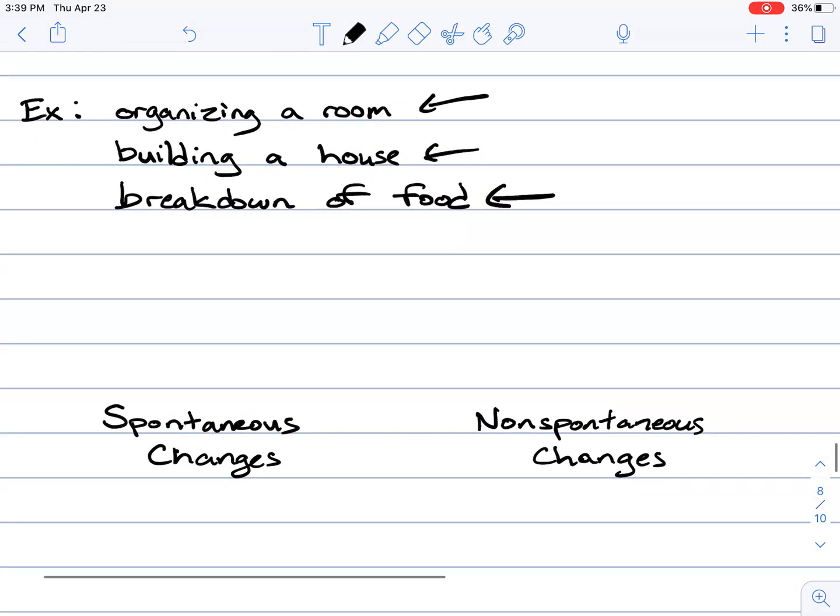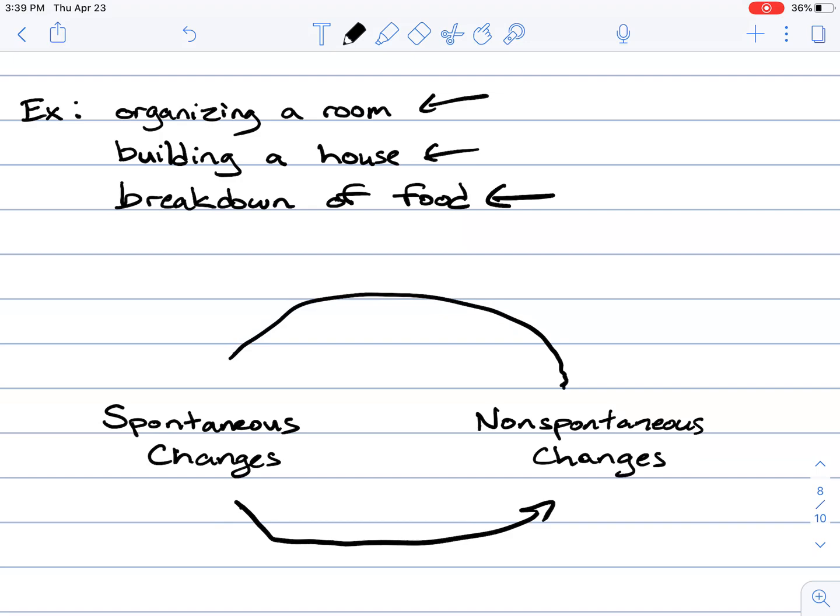And so you can typically couple a non-spontaneous change with a spontaneous change. For example, the energy released from a spontaneous change can be used to power a non-spontaneous change, and vice versa.